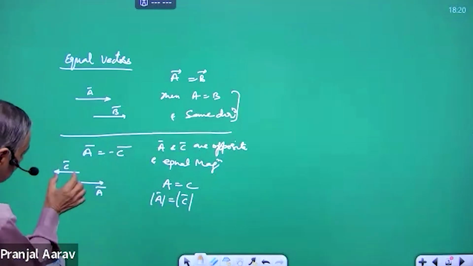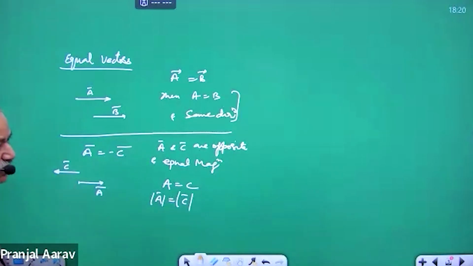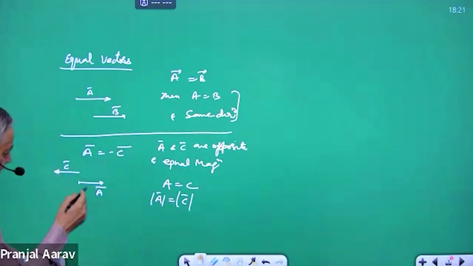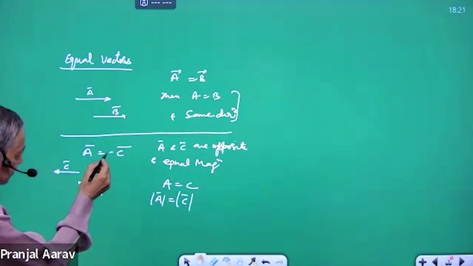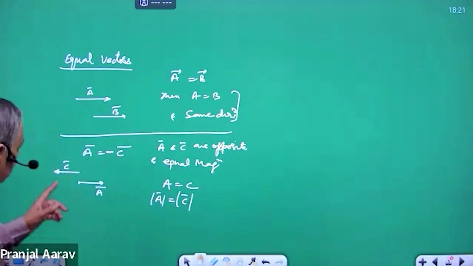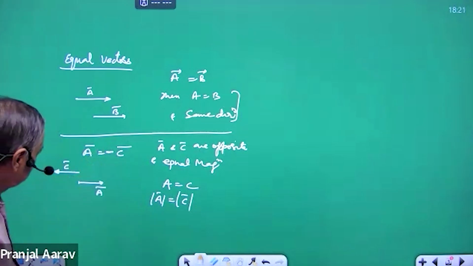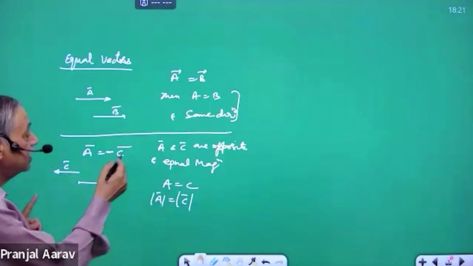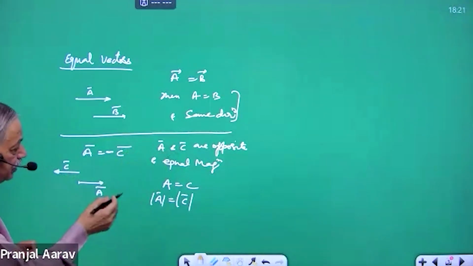You can see the length of C and the length of A is equal. That means their magnitude is equal. What about the direction? Direction is opposite. That opposite direction is shown by this minus sign, okay? If I write A is equal to minus C, that simply means that A and C are equal in magnitude and opposite in direction.